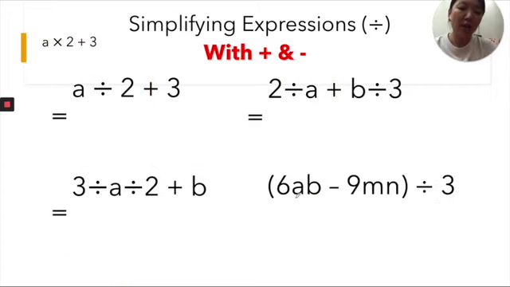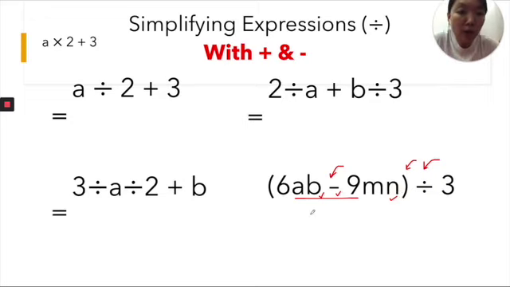For the last one, 6ab minus 9mn in the bracket divided by 3. How can we look at this question? You have divide, you have bracket, and also inside the bracket you have minus. So whatever it is, always do the bracket first. Look at the bracket, inside I have minus. Plus and minus, look for like term. Are AB and MN like term? No, they are not.